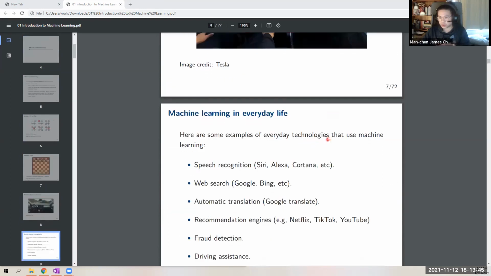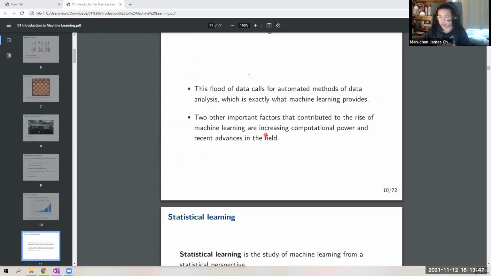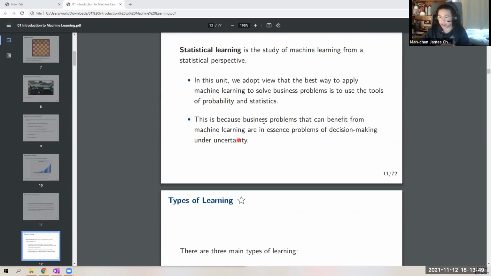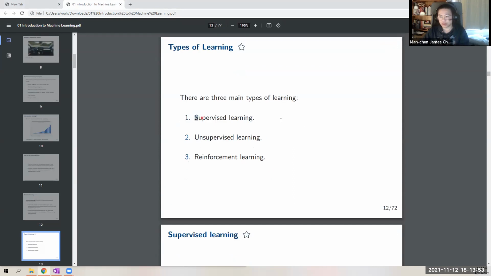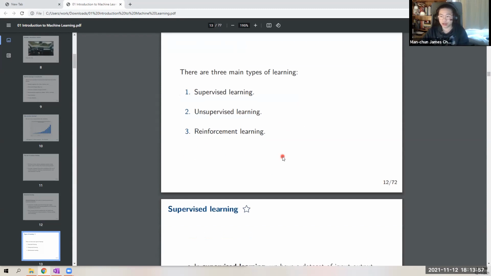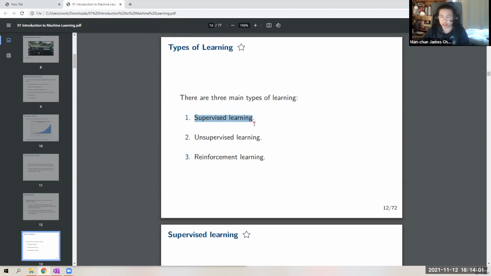For the first week, we're introducing machine learning methods. We have three main types of learning: supervised learning, unsupervised learning, and reinforcement learning. We should know the difference between these. In supervised learning, you have the X variable and the Y variable, the target variable, and you're trying to predict the target.